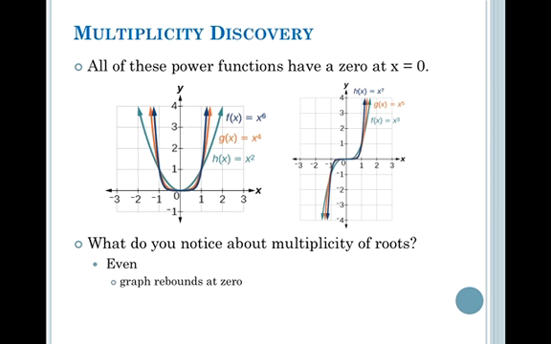X to the 4th, if you factor that, you'd have x multiplied out 4 times, and if you set each factor equal to 0, you would have 4 zeros at 0. But both times, the graph approaches the 0 and then bounces back in the direction it came from. Whereas when the 0 repeats an odd number of times, the graph crosses at the x-axis.